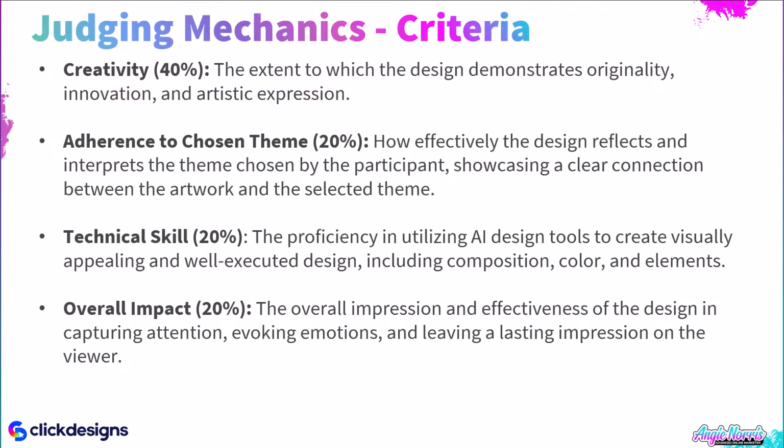And so just pick a theme that kind of speaks to you, or maybe the theme will pick you. That happens a lot. You write a prompt in, you're not sure where it's going to go, and then it just kind of picks you. Technical skill, 20%. The proficiency in utilizing AI design tools to create visually appealing and well-executed design, including composition, color, and element.